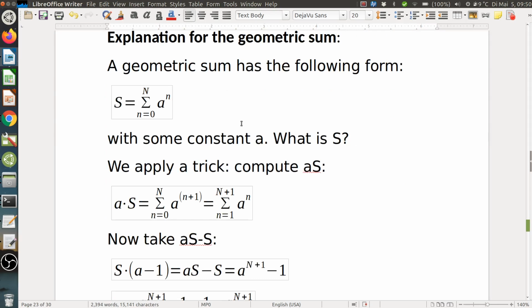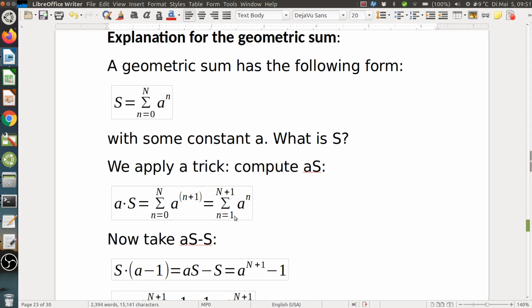So here is just a short explanation about the geometric sum that we just saw. We had this form here, n went to infinity. This was our 0.5 times z to the minus 1. If we have such a shape, then we can multiply it by this factor a, and this just means we have the exponent plus 1.